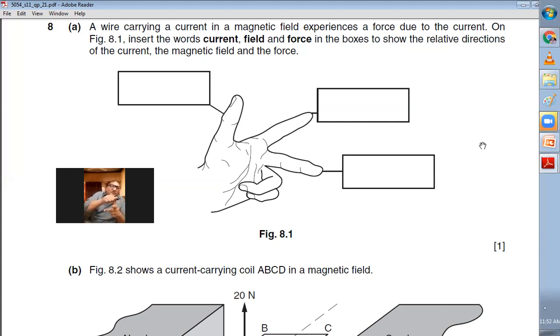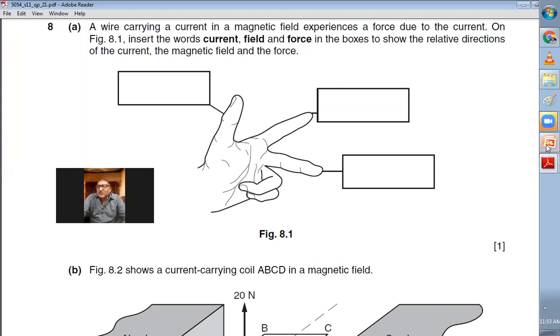The thumb represents the force experienced by the conductor, the index finger represents the magnetic field, and the middle finger represents the direction of the current, and remember, very important, it is the conventional current. So FBI: force, magnetic field, and current direction.